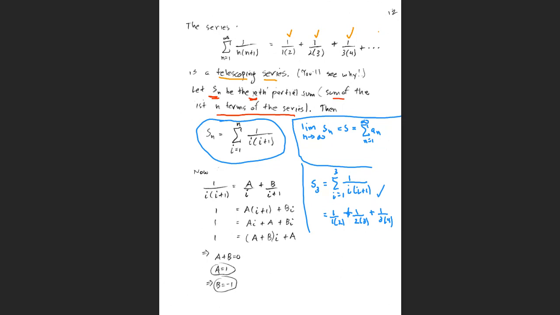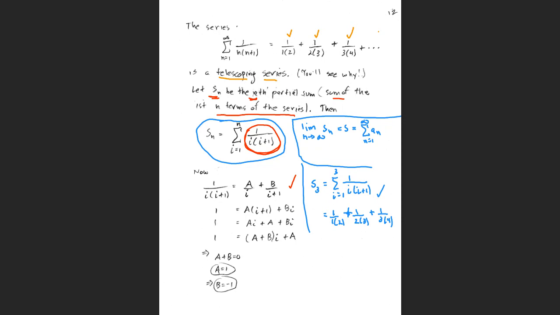But this is not a convenient form for the term. So, what are we doing here? 1 divided by the denominator i times i plus 1 will equal A over i plus B over i plus 1. What kind of expansion is that called? Do you remember? Almost right, Ange.